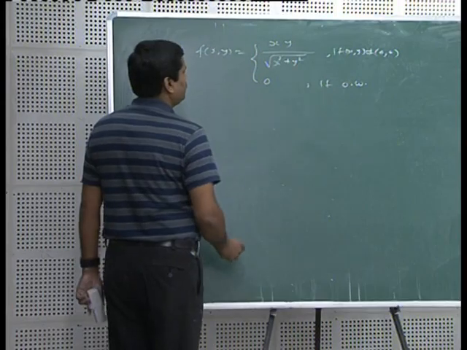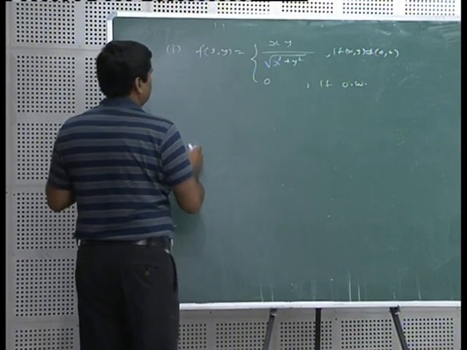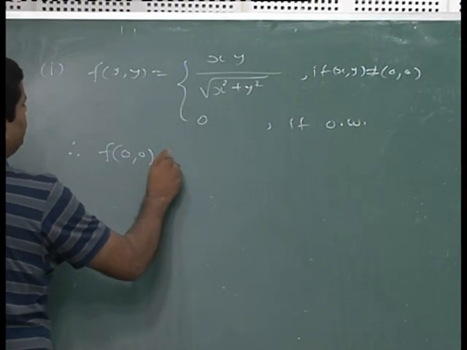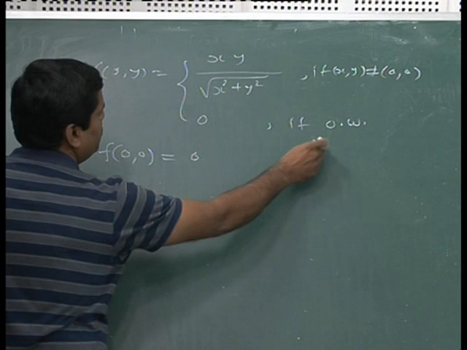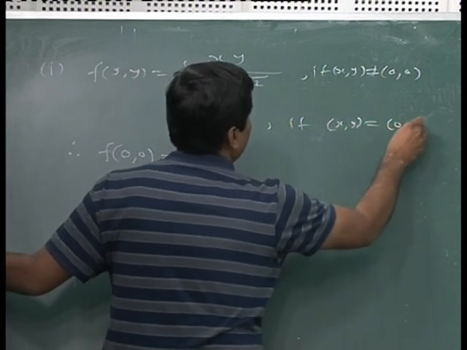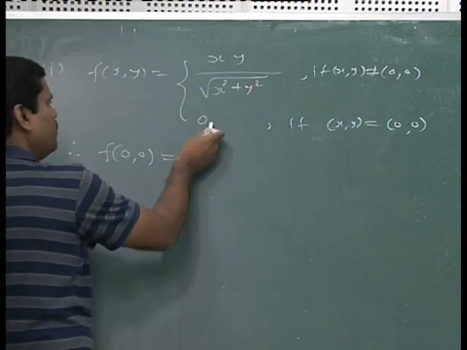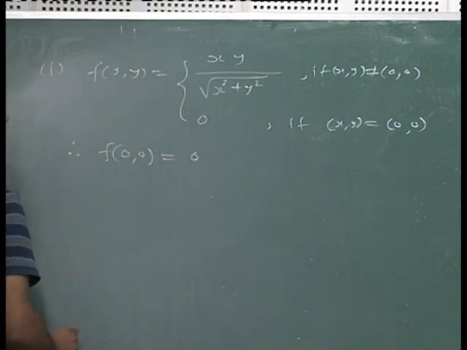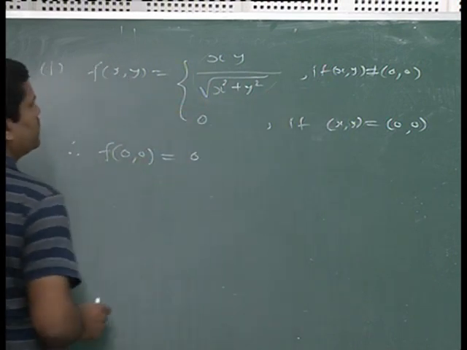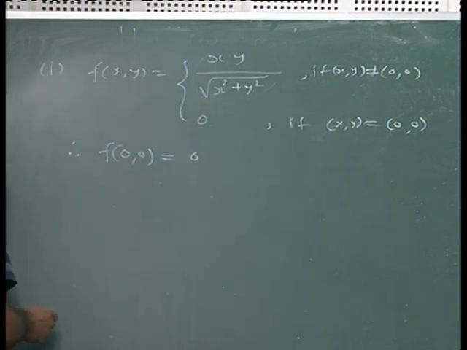Otherwise means if (x, y) is (0, 0), then the value of the function is 0. So, by this definition, it is clear that f(0, 0) is 0. You can also write it in a different way: if (x, y) equals (0, 0), then you take the value of the function as 0, and for (x, y) not equal to (0, 0), the formula is given by xy upon the square root of x square plus y square.